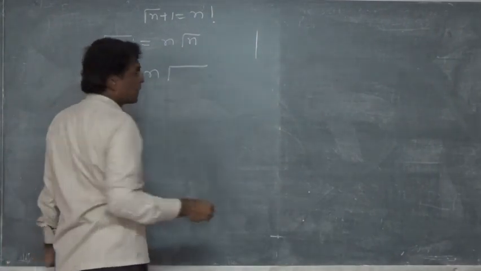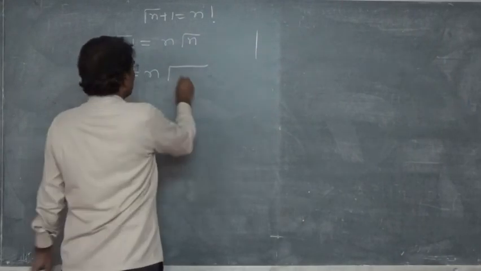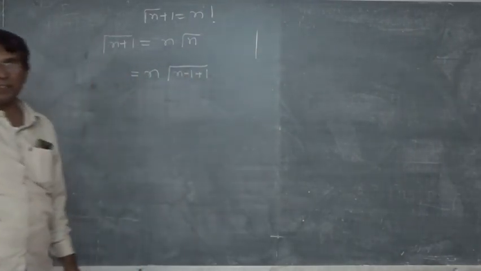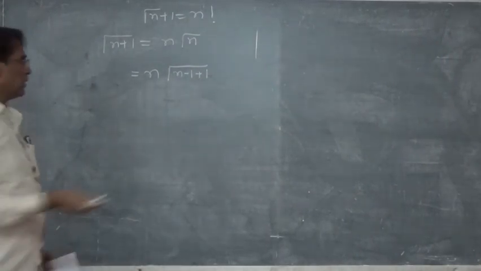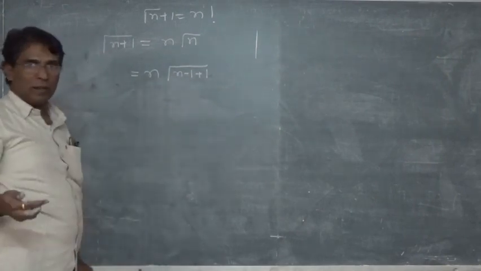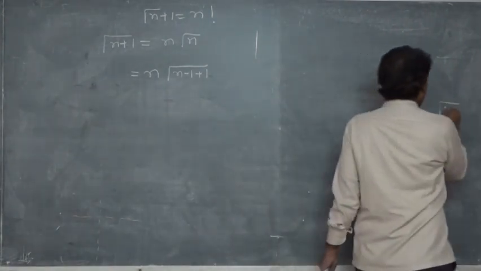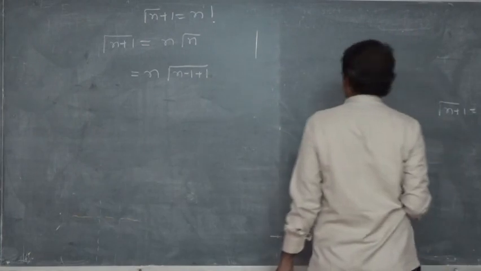What I do inside the gamma function is I will add 1 and subtract 1. So now this becomes n minus 1 plus 1. Does it make any difference? No. I have added 1 and I have subtracted 1.